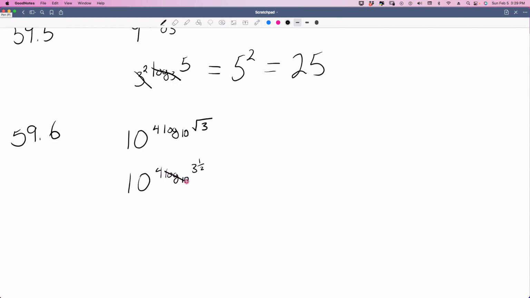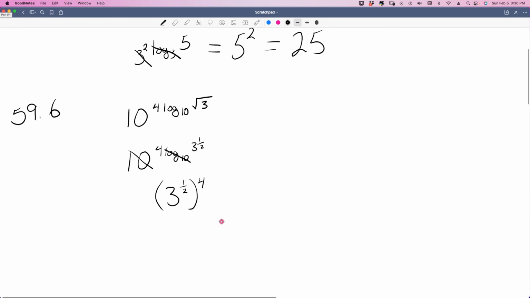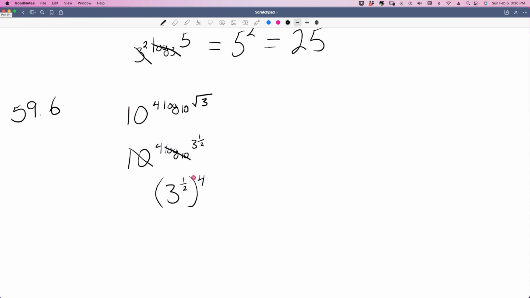So we cancel this, but then this becomes 3 to the 1/2 to the 4th power. So we would put parentheses around it and take it to the 4th power. And then we would multiply, right? So 4 times 1 is 4 divided by 2. So that would be equal to 3 squared, which would be equal to 9.